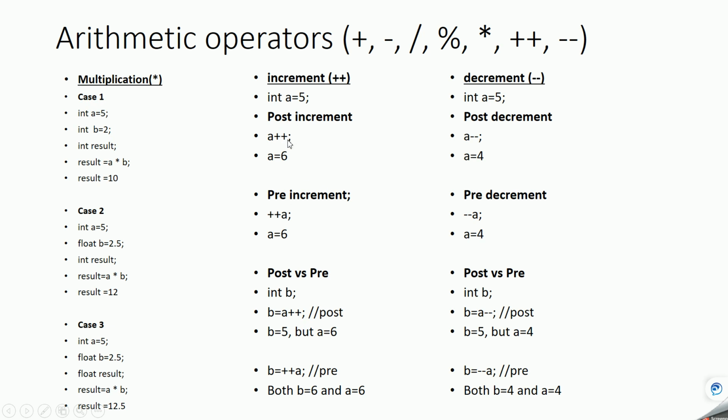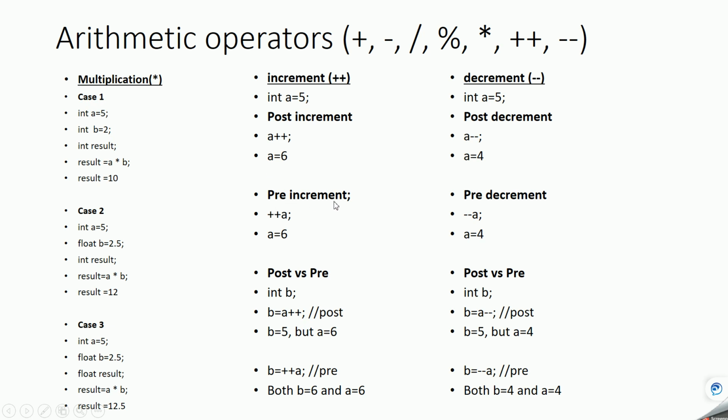If this plus plus symbol comes after the variable name, first the variable name and then this plus plus symbol, then it is called post increment. In this case, the value of a will be incremented by 1. So here the value of a was 5, now it is incremented after this by 1, so it will become 6.